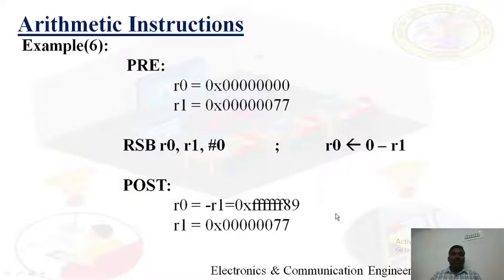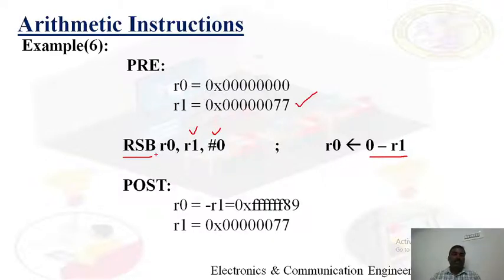Let us move on to the next example. Here it shows RSB. RSB means reverse subtraction. Reverse subtraction means here this is Rn, this is N, and now N minus Rn takes place. That is 0 minus R1 instead of R1 minus 0. You see here R1 has 77.